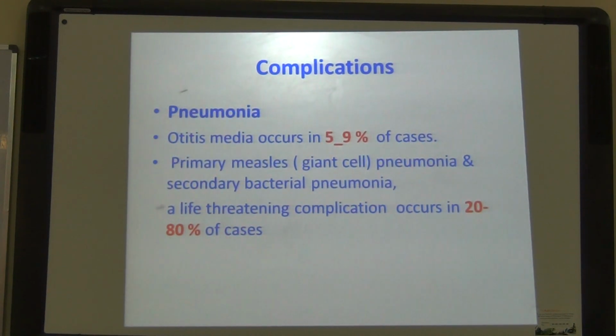Primary measles, in which giant cell pneumonia and secondary bacterial pneumonia occur, are life-threatening complications, and they occur in 20 to 80% of people. So pneumonia is a significant complication of measles.